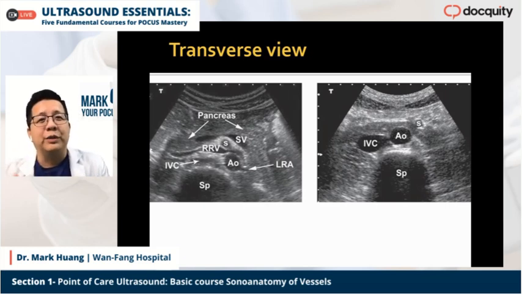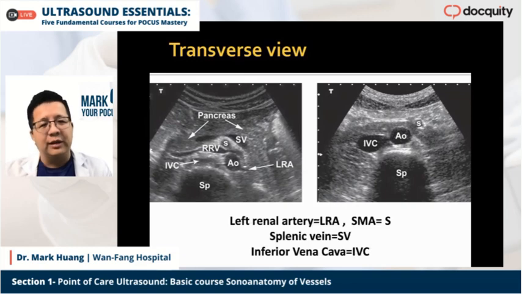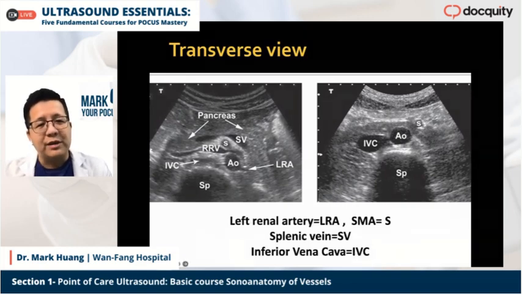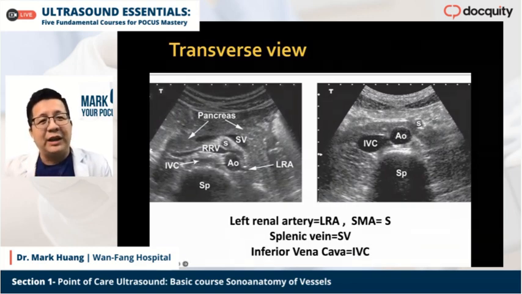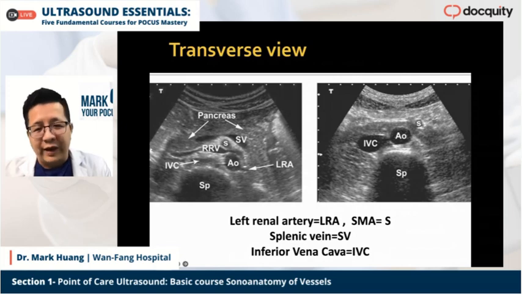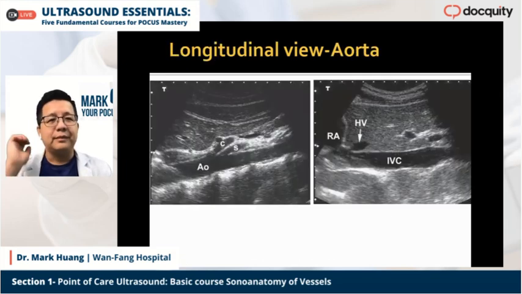I will teach you how to perform a more systematic search. So sometimes in a thin body, you can see the renal vein. It's another important thing, and you can see the IVC over here, just next to the aorta.